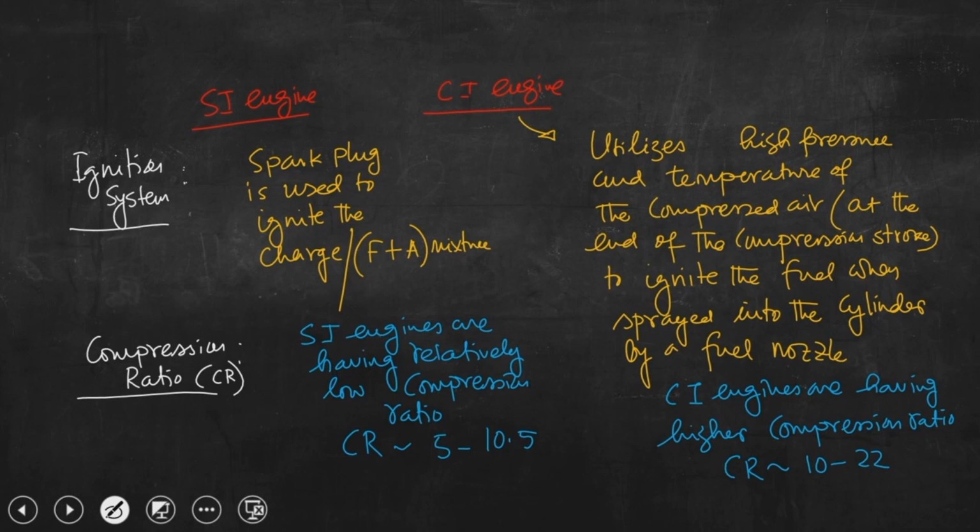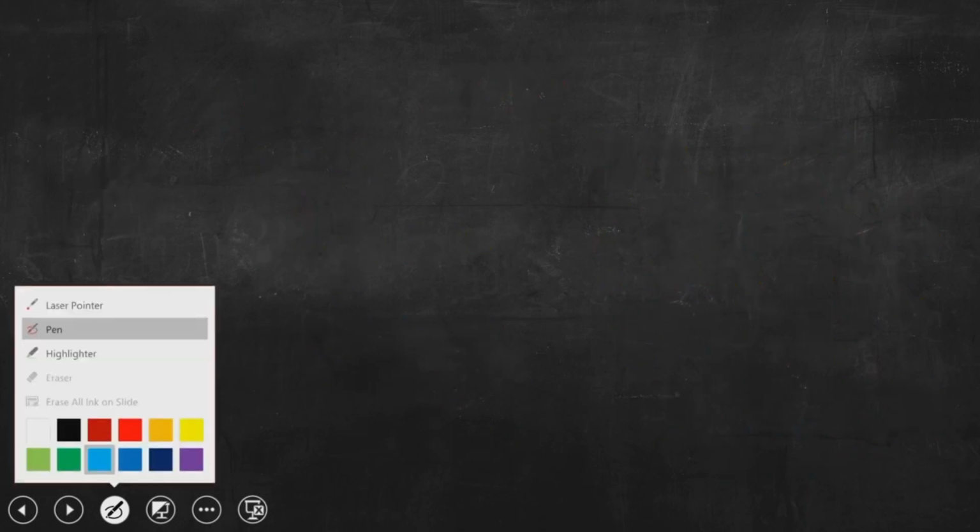Last common basis for this comparison, so if I write SI engine and CI engine, so the last basis is the weight of the engine.